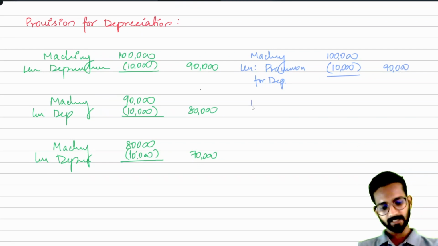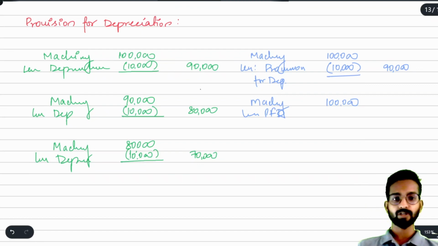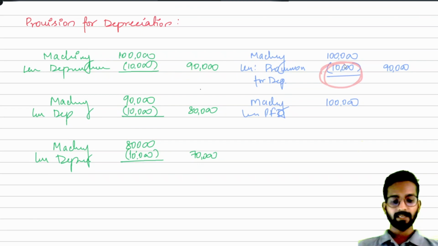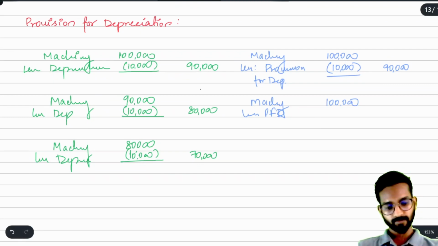Simple. Again next year machinery account is 1 lakh less provision for depreciation account. See, provision for depreciation account shows the total balance of all the years. So in the previous year the balance was 10,000. In current year again there will be 10,000 depreciation. So total depreciation will become 20,000. So you can write here, or just for now explanation you can name it depreciation only.